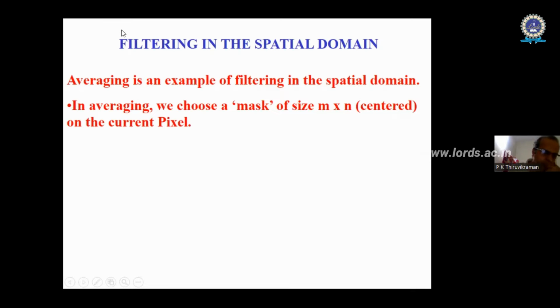So imagine the mask to be placed starting from one corner of the image. Of course, one problem which will come here is if I take the pixel at the top left corner and place the 3 by 3 mask with the center of the mask here, some part of the mask will go out. So what do we do about these pixels which are outside? There are multiple ways of tackling this problem.